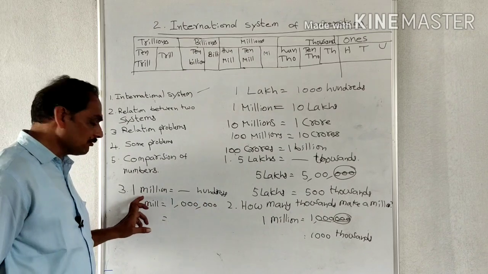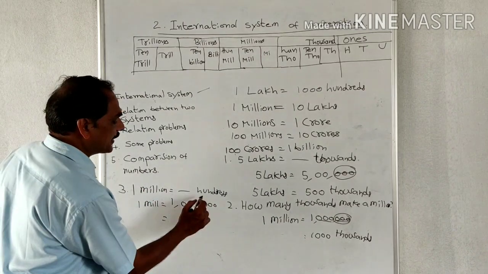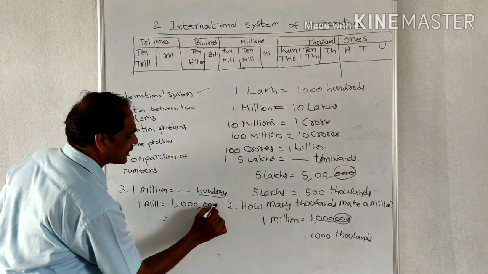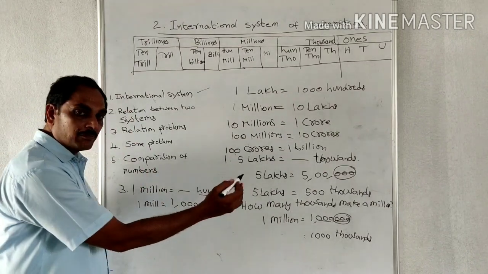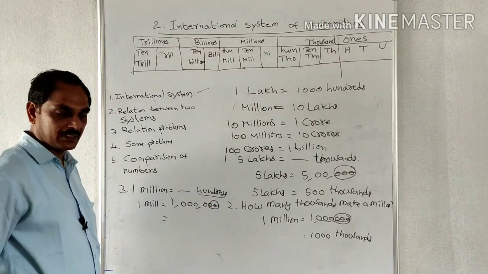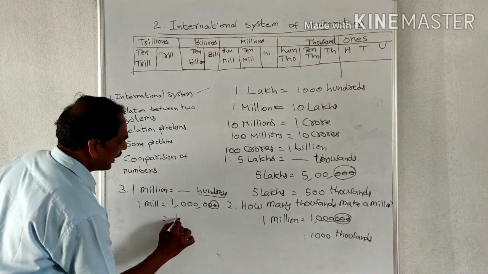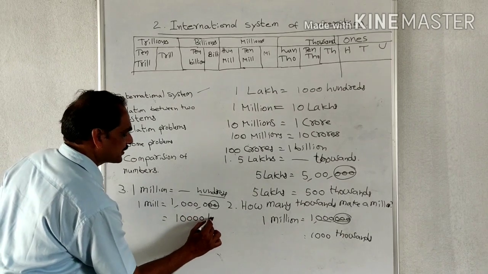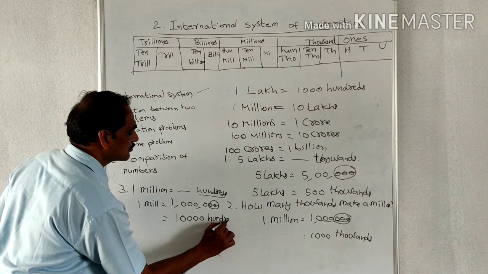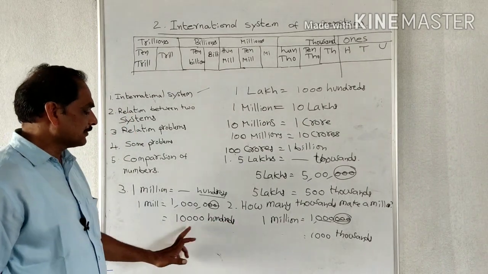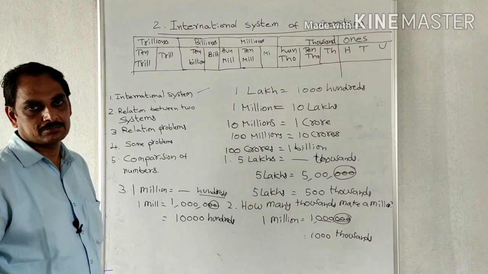Number of hundreds in 1 million. 100 has 2 zeros, so we erase 2 zeros from the right side. After cancellation of these 2 digits, we have 10,000 hundreds. So 1 million has 10,000 hundreds.